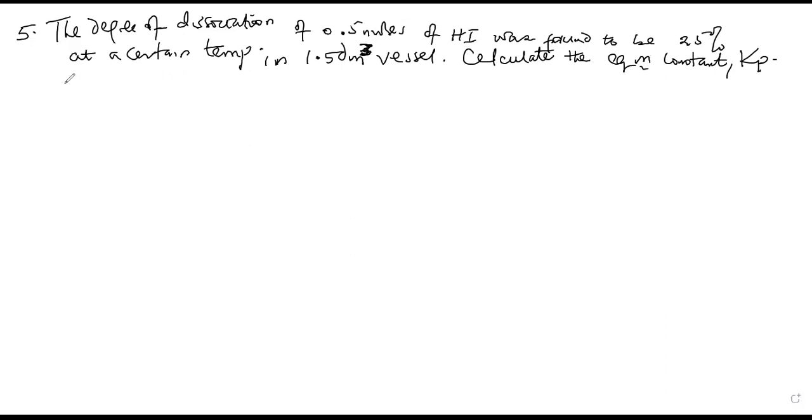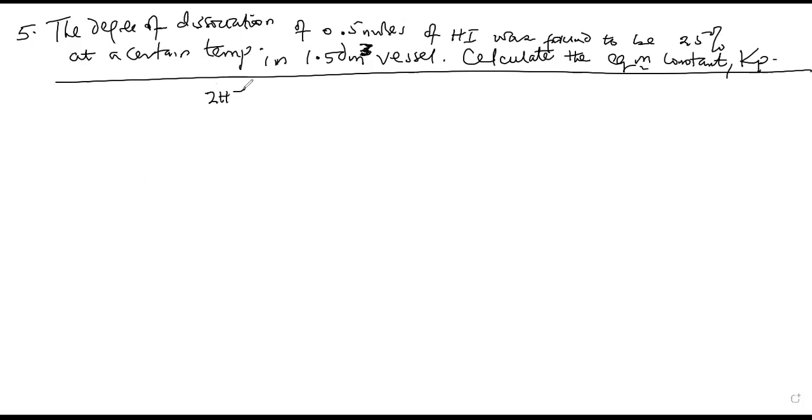So for this case, if you have to calculate the value of Kp, write the equation. We have hydrogen iodide dissociating to give hydrogen and iodine.